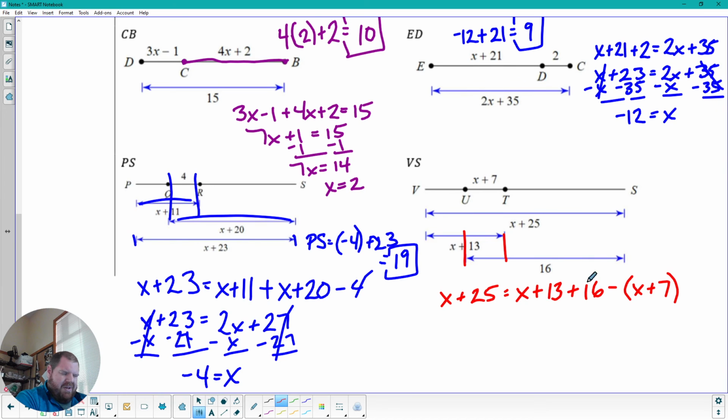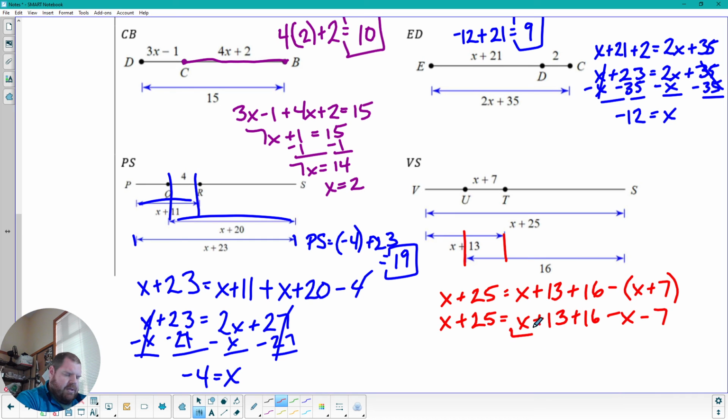Now, I'm going to combine these like terms, but I'm also going to distribute. Actually, maybe I'll just distribute. Let's not overdo it. X plus 13 plus 16 minus x, and then minus a positive 7, so minus 7.